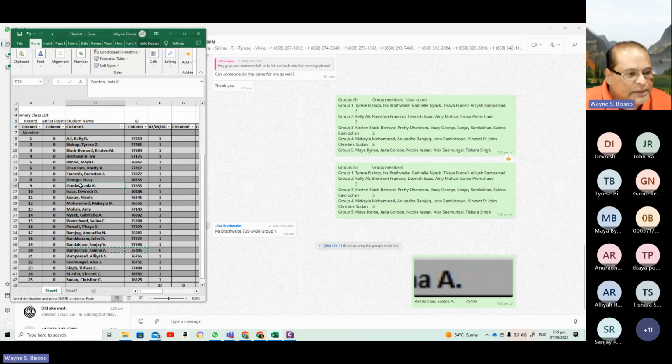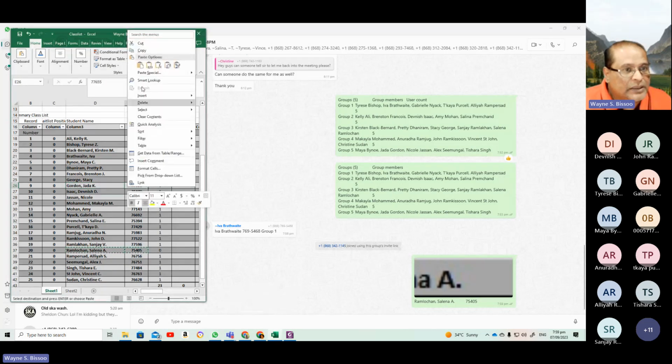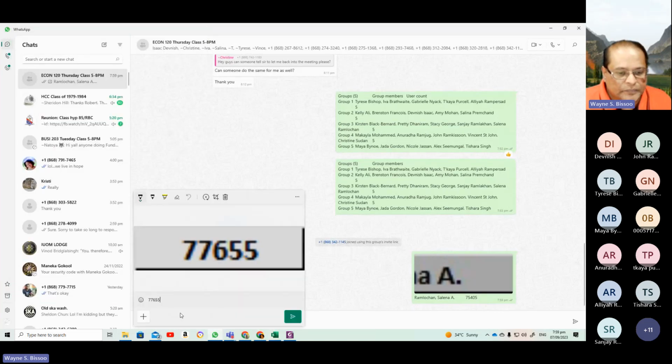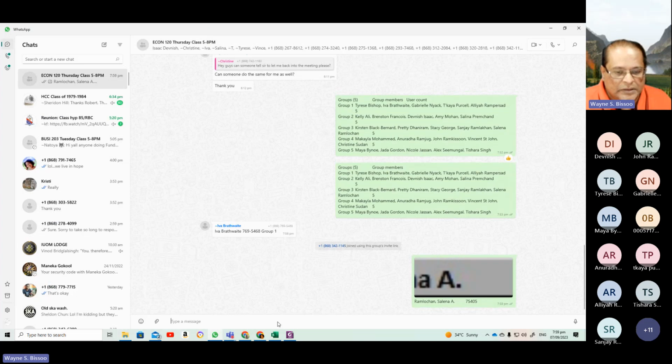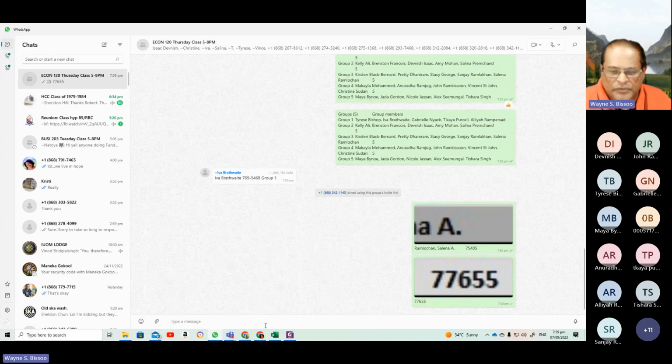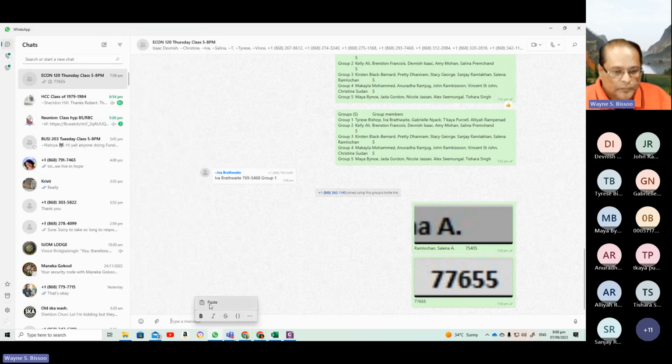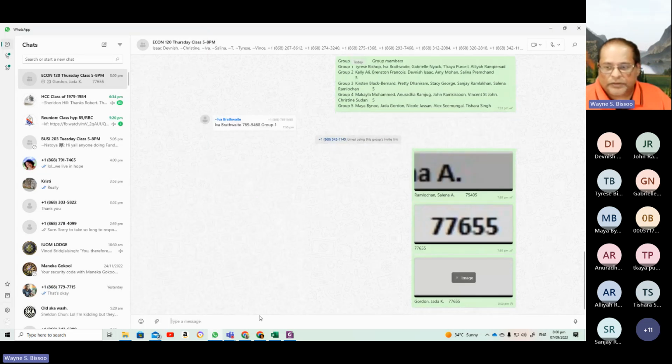The other person who's absent is Jada. You'll see in the chat I put in the person's student ID. I think this is her. Wait, I did select that correctly. Hold on a second. All right, so Jada Gordon.